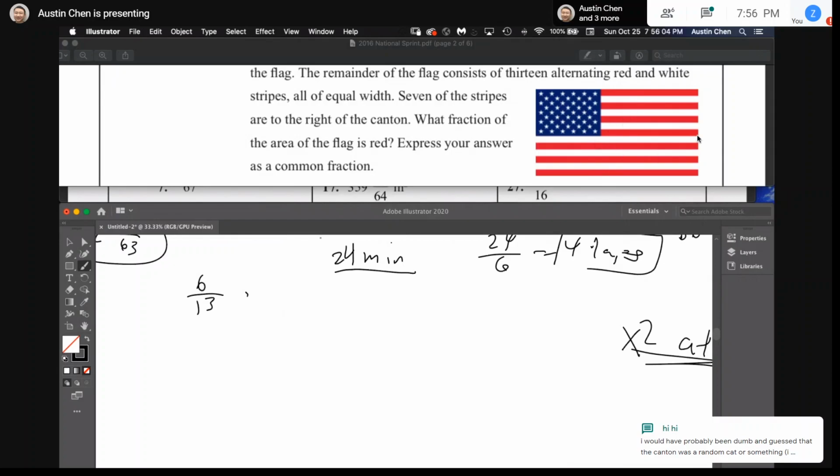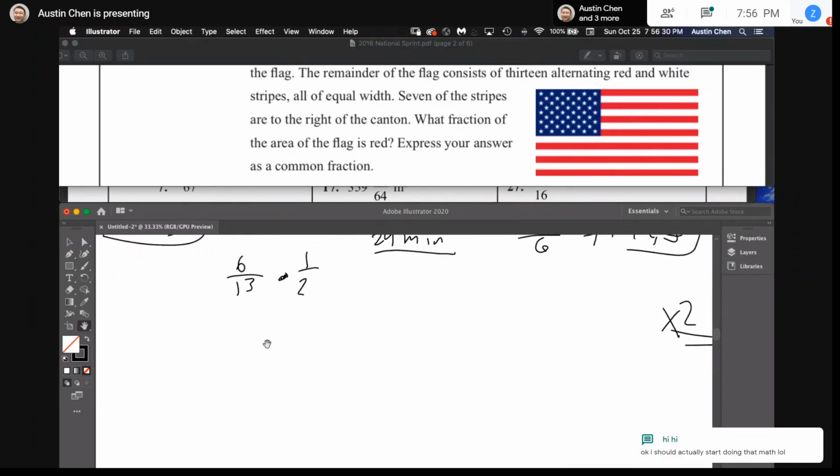So the length of this part is 6 units while the length of the entire part is 13 units. So the area of this box with respect to the whole flag is 6/13, right? Okay, and then we have to multiply this by 1/2 to find the red area, right? Half of this area is red.